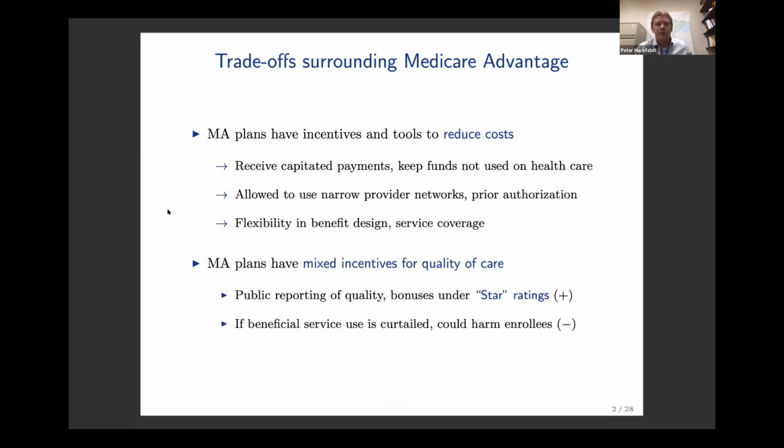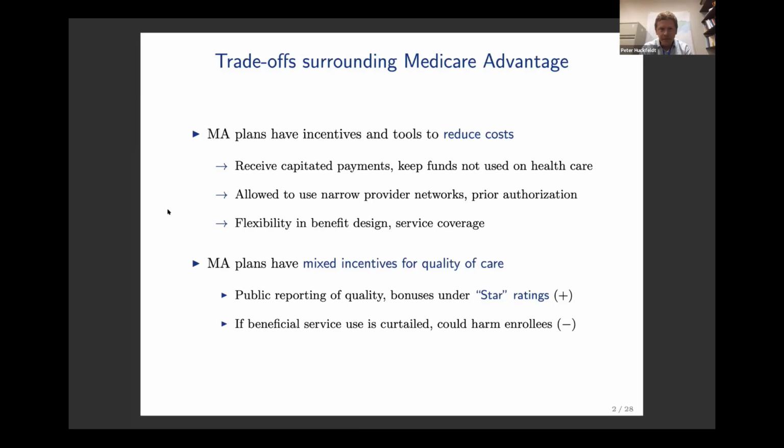So I just want to walk through some of the trade-offs that surround Medicare Advantage, and I'm sure this is all pretty familiar to all of you. It is definitely the case that Medicare Advantage plans have incentives and tools that allow them to control healthcare utilization and reduce the cost of healthcare relative to traditional Medicare enrollees.